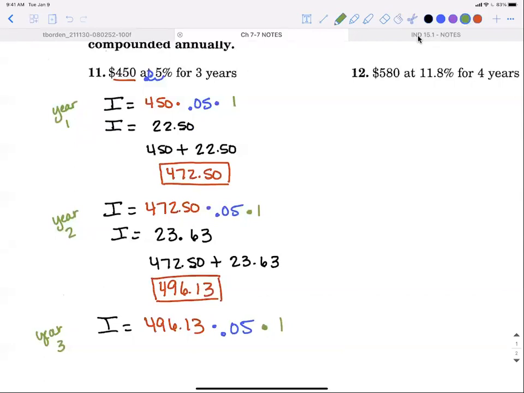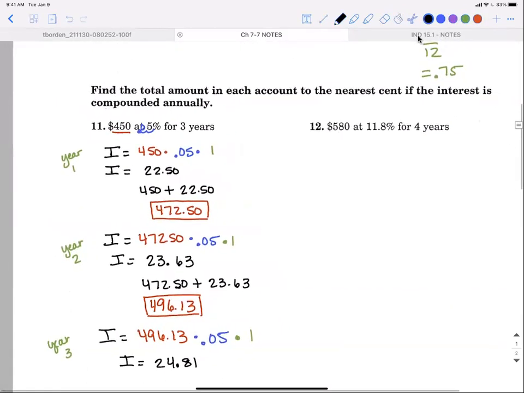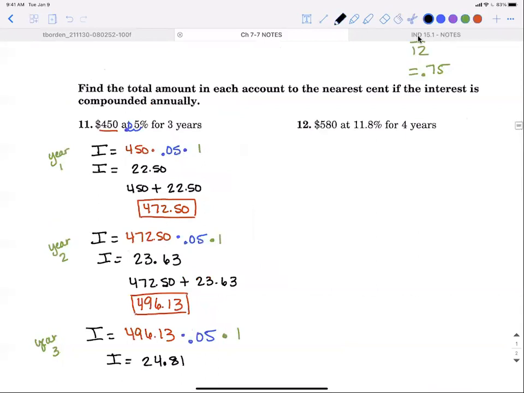Run that through our calculator, and we get that the interest earned in year 3 is $24.81. It's actually 24.8065, but you want to round to the penny, so it's 24.81.